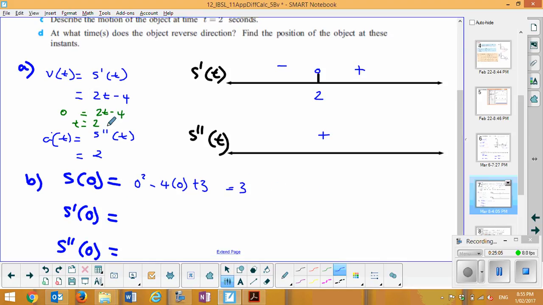Put 0 into here, and we've got 2 times 0 for the velocity, minus 4, equals minus 4. And our second derivative is 2.